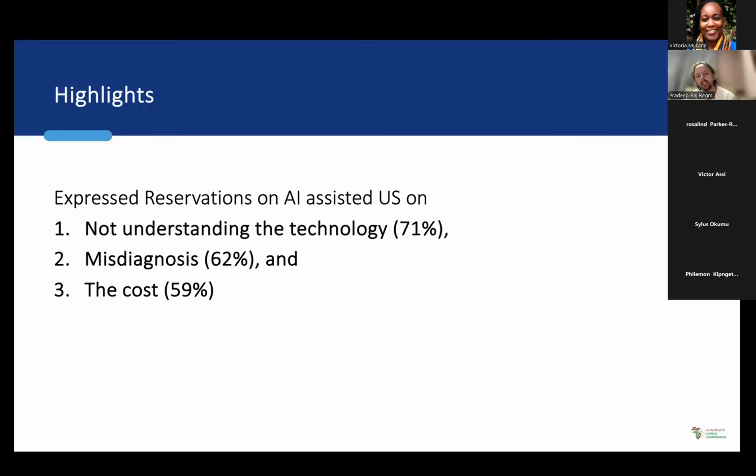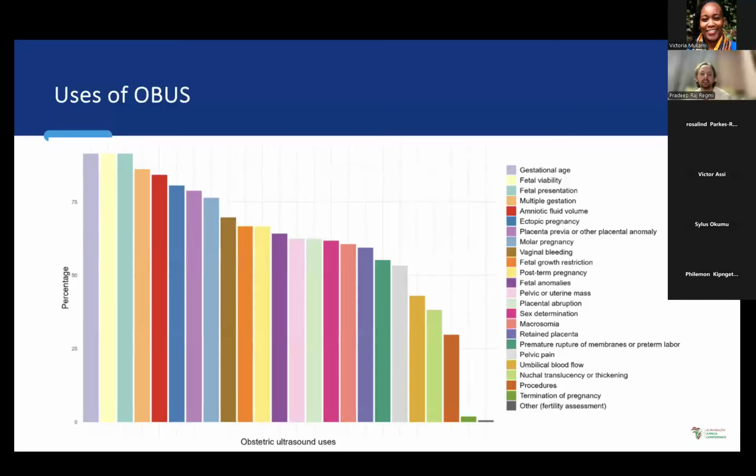Some expressed reservations on AI-assisted ultrasound: 71% said that they do not understand the technology, 62% said there were misdiagnoses, and 59% perceived the cost as high.